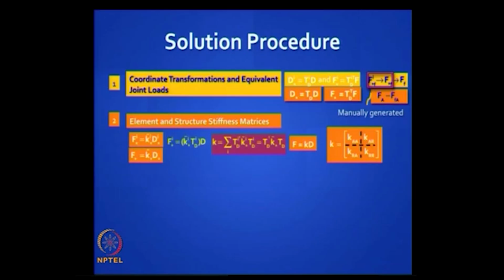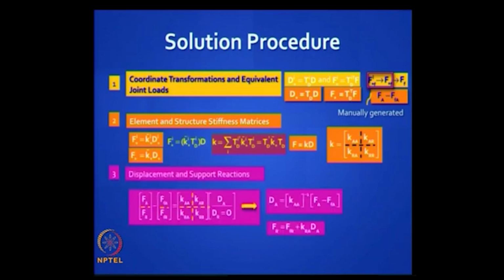The structure stiffness matrix that you generate by this method will be identical to the one that you solved by the earlier method. You find displacements and support reactions. This part is common to both the methods, okay, because once you have got the structure stiffness matrix and you have got the loads, you can find the displacements and then you find the member forces.